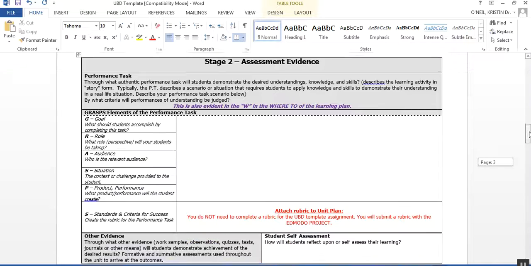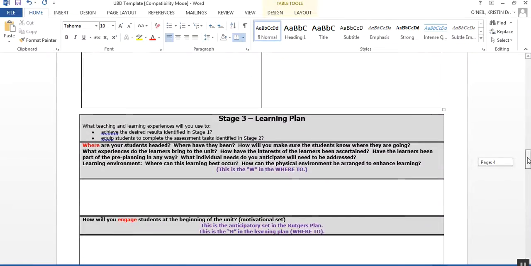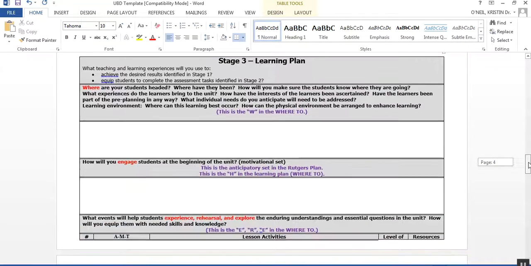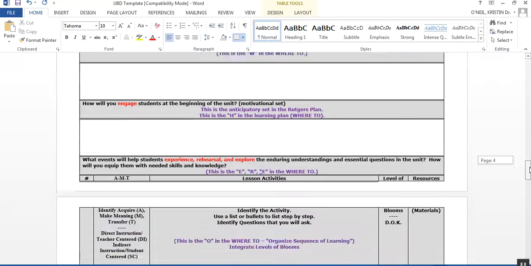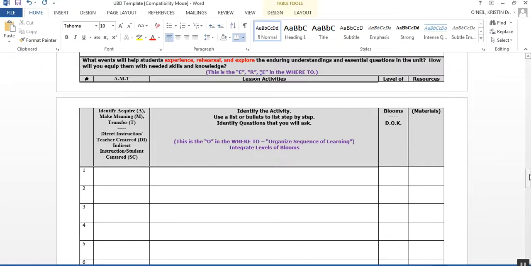Now for this stage 3, I've broken it down to be a little more specific. If we were designing this for New Jersey's Department of Education, when we get to this section, it would be by week 1, week 2, week 3, week 4.